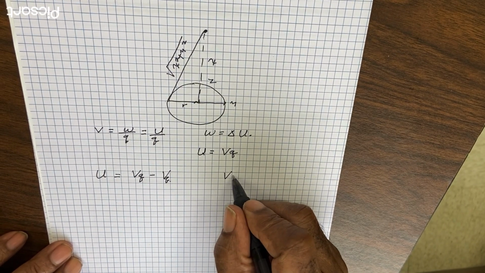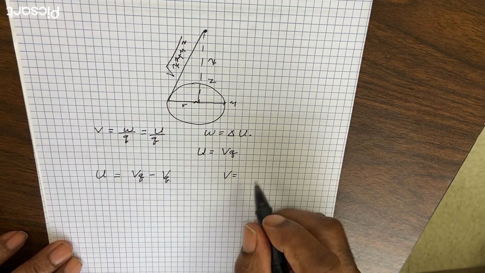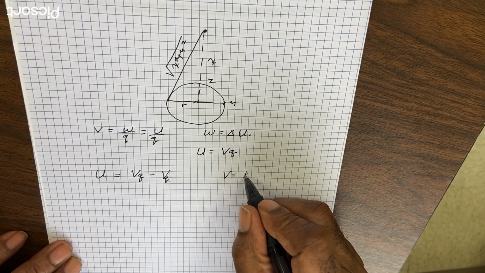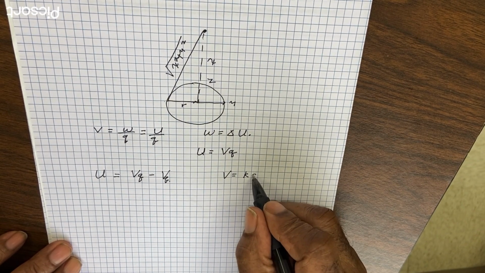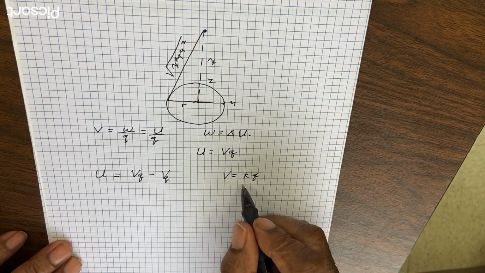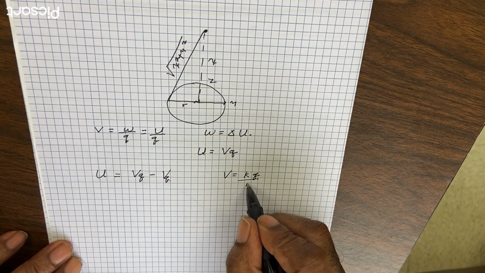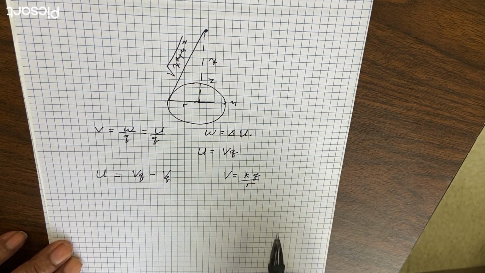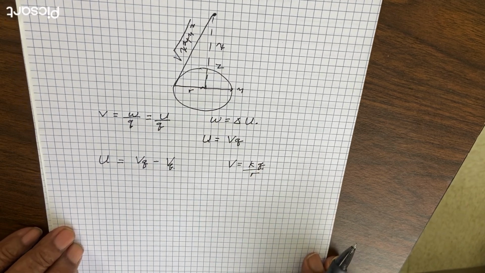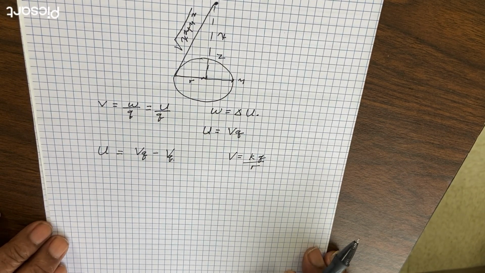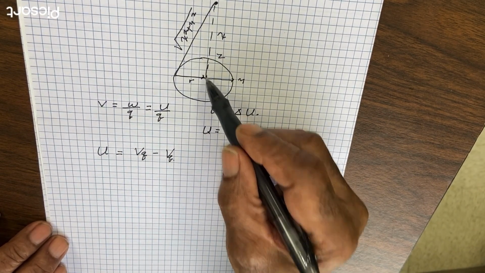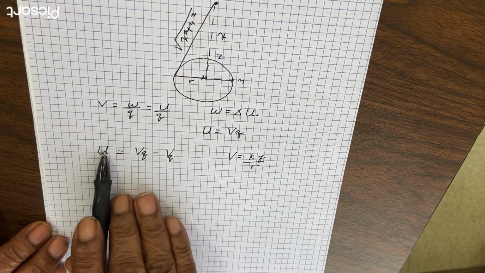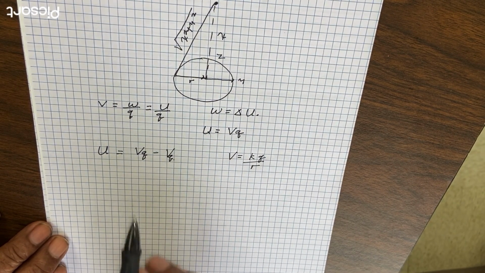Voltage is equal to K times Q divided by R. We're just setting it up now, so hopefully you'll see exactly what's happening in a second. So potential energy is the change in voltage.